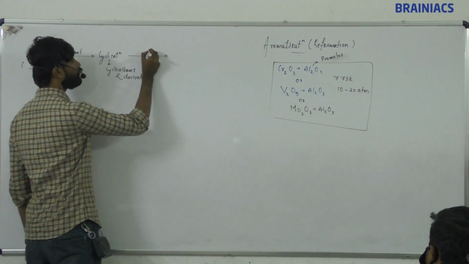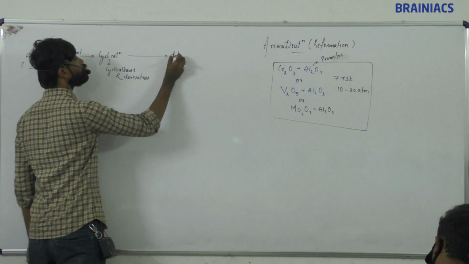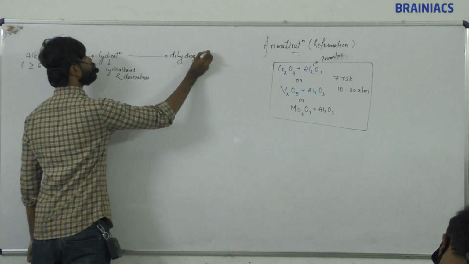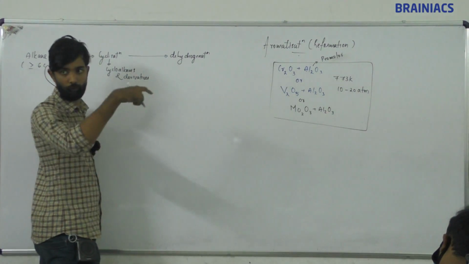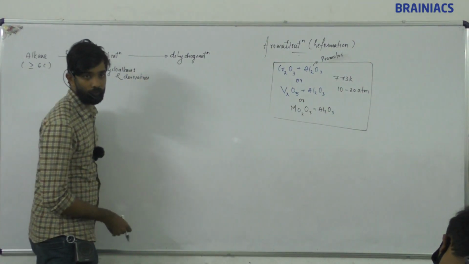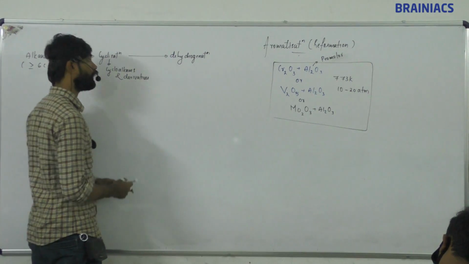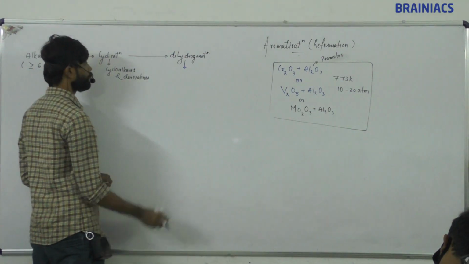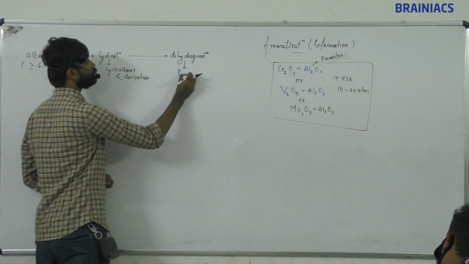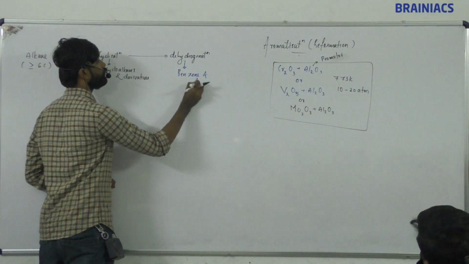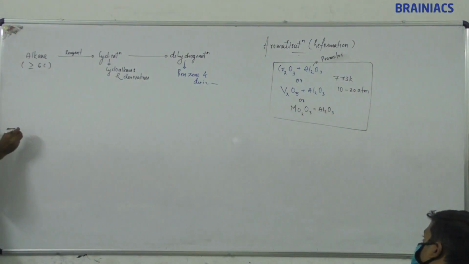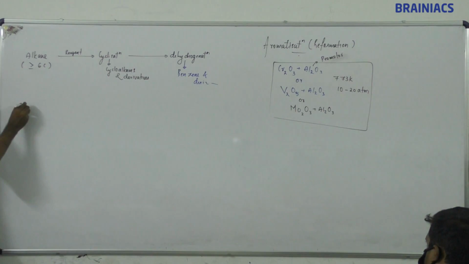Once cyclized, the process is dehydrogenation, removal of hydrogen to form double bonds from every carbon. Then it becomes an aromatic ring, benzene, and derivatives.